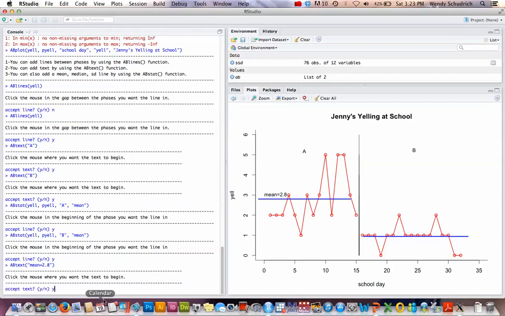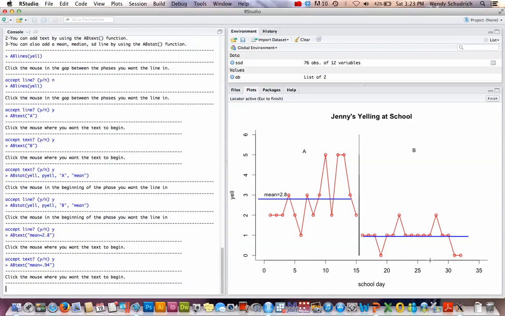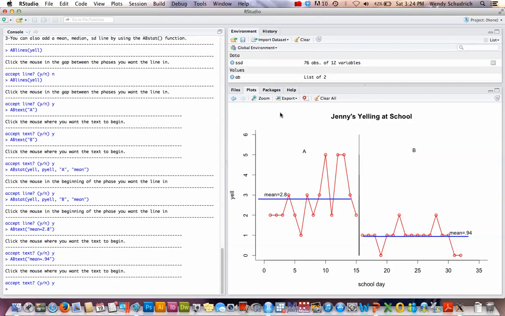So she's using the A/B text again, and she's able to use the up arrow to get back some previous commands. All right, now Wendy is going to export it after she accepts the input.